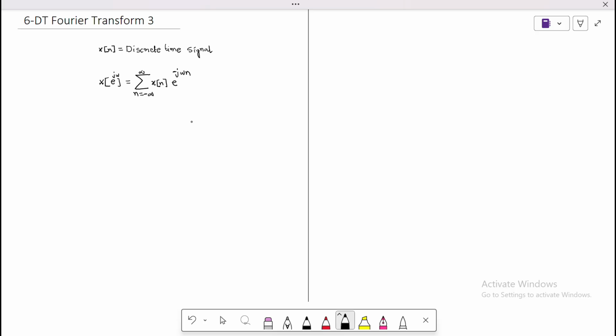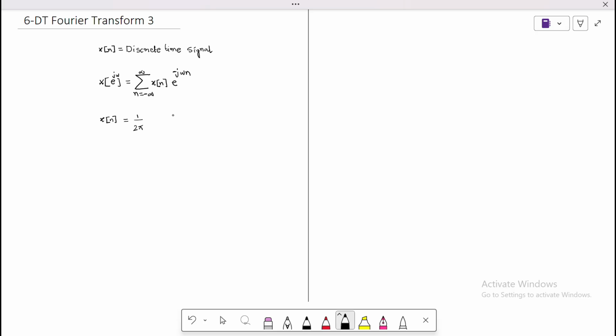So this is the discrete time Fourier transform formula, and the inverse Fourier transform is x of n equal to 1 by 2 pi.